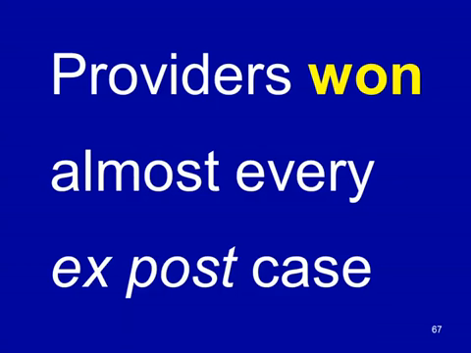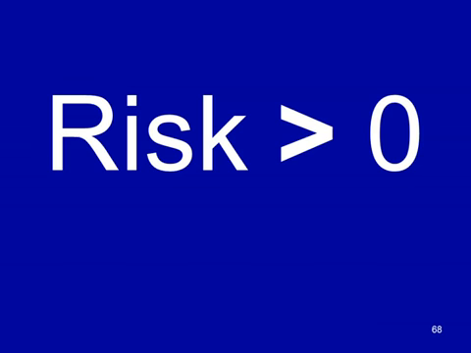Now, you can go ahead and stop life-sustaining treatment even without consent. You probably won't get sued. Surrogates are often grateful to be relieved of the burden of decision-making in a unilateral case. And even if you are sued, providers are overwhelmingly successful in these sorts of lawsuits. Still, the risk is not zero.